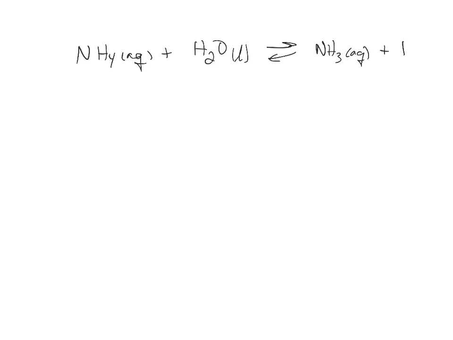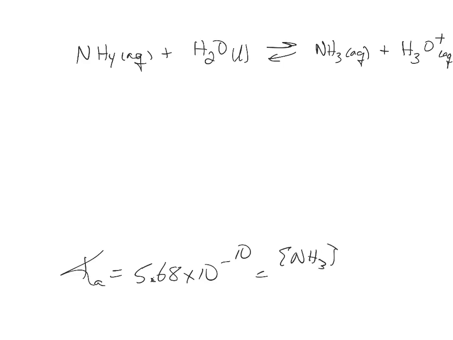Because this is an acid, we know this is going to make hydronium. We know that our Ka, which we calculated from our Kb of ammonia, is 5.68 times 10 to the minus 10. And this is going to equal the concentration of ammonia times hydronium over NH4+. This is weak, so we need ourselves an ice chart.